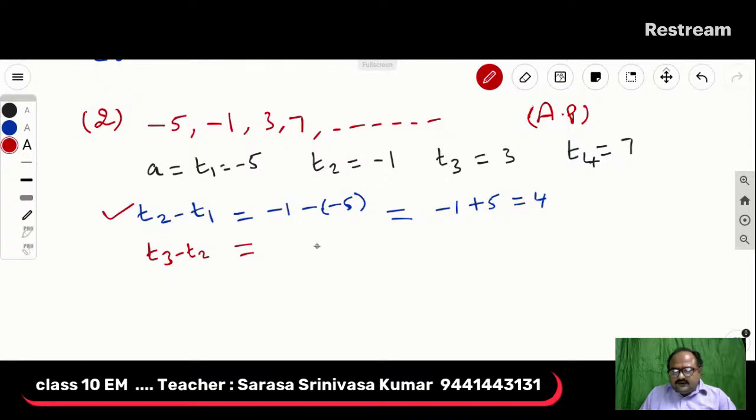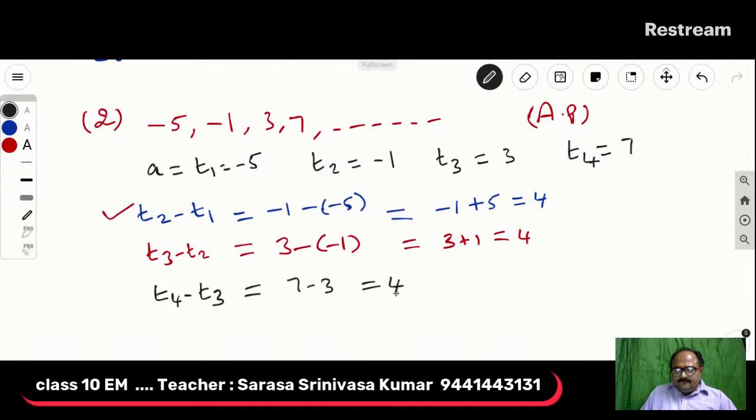So this is t3 minus t2: 3 minus of minus 1. This is equal to 3 plus 1 equal to 4. Now we consider t4 minus t3. This is equal to 7 minus 3 equal to 4.